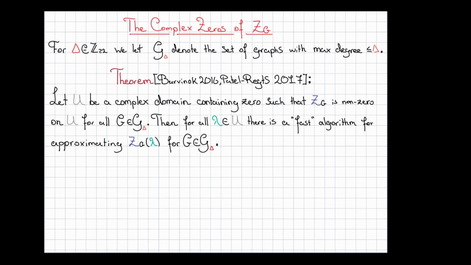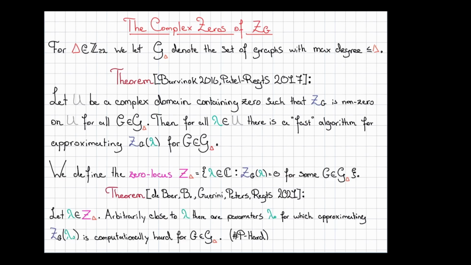And I'd like to talk about a result from ours here that proves kind of the inverse statement of this. Namely, if you look at the zero set of all bounded degree graphs, we call that the zero locus, then actually arbitrarily near the zeros, we can find parameters for which it is computationally hard to approximate the partition function within the class of bounded degree graphs.